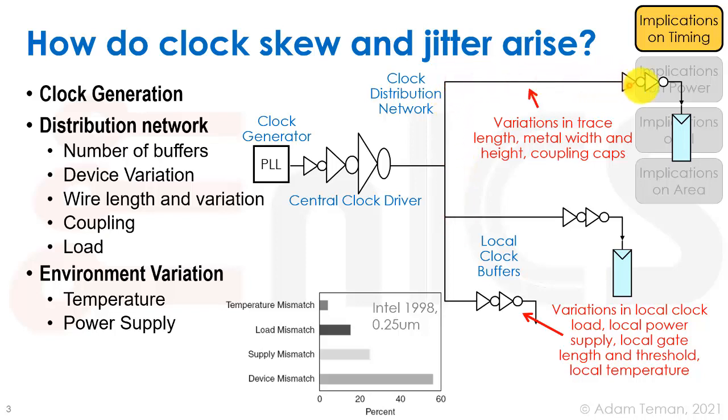The length of the wire is going to change, the number of buffers until we reach the clock pin of our flip-flop, variation, temperature, process variation, voltage in this area as we go through these different buffers and so forth. So everything really is going to change along the way and cause skew between two different registers in the design.